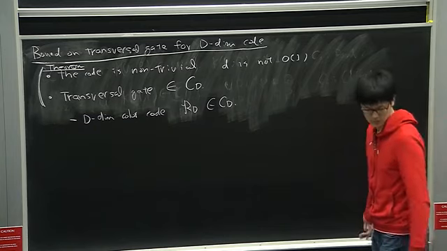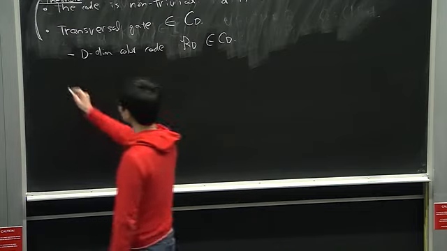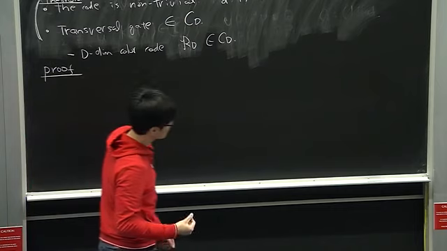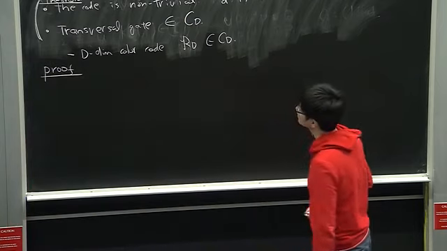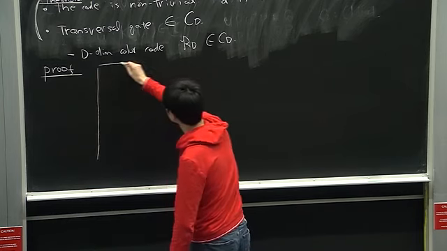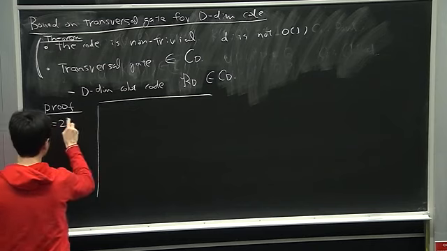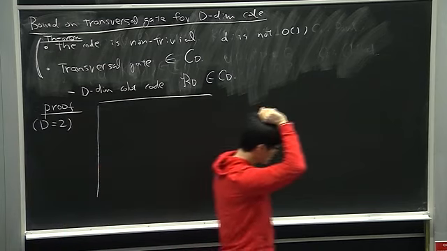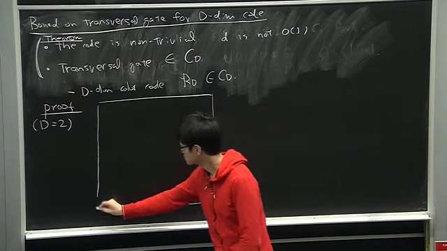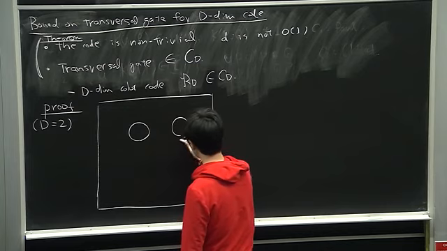Okay, now the proof is very simple, and we use a technique which was actually used in the previous lecture. That is, so I'm gonna demonstrate a proof in 3 dimensions. No, 2 dimensions. So this is a 2-dimensional lattice. Then what we do is we do this trick.